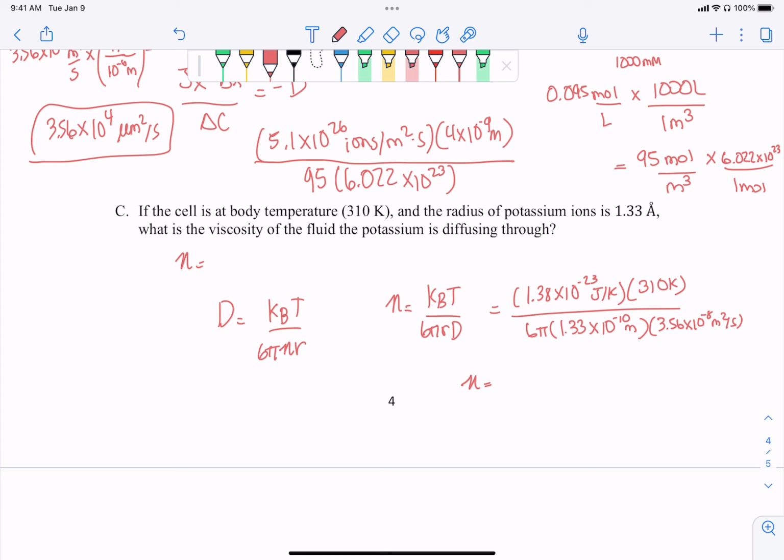So what should you get for your viscosity there?